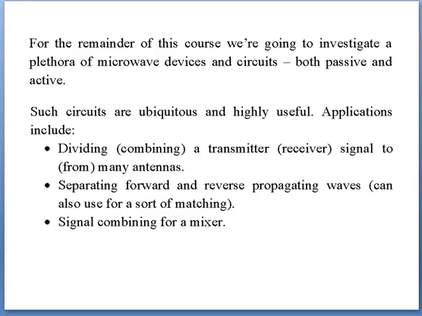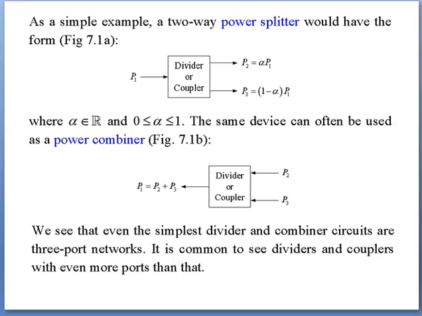And you may also have signal combining for a mixer. Those are three examples of microwave device applications. So we're going to look into a two-way power splitter and power combiner.